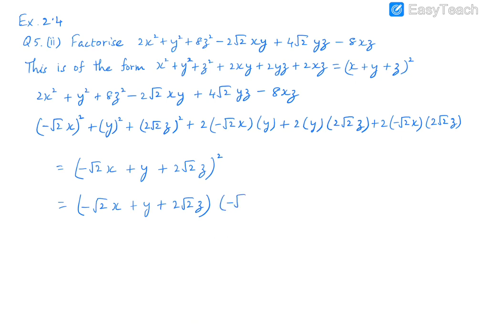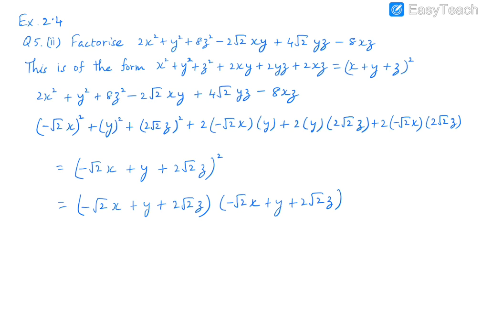So that's minus root 2x plus y plus 2 root 2z. Okay, so we have factorized this expression into its factors. So the factors are minus root 2x plus y plus 2 root 2z. Okay, so this is basically a square of this factor, which gives us the expression that we have factorized.